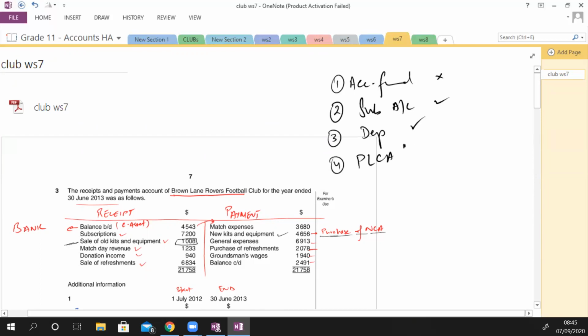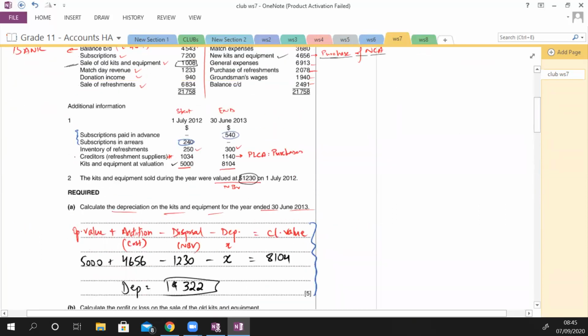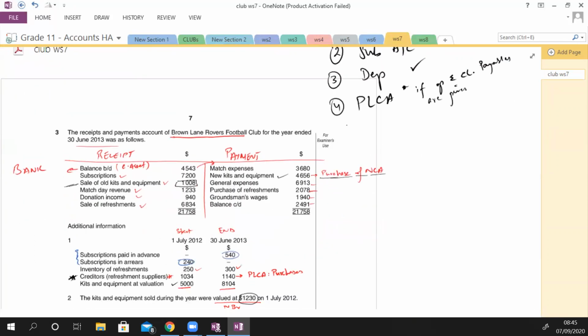Why do we make this? If opening and closing payables are given. Are we given opening and closing payables? Yes, here they are. Opening and closing payables are given, so we have to do it.